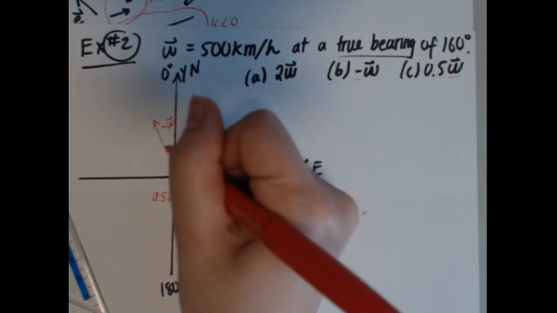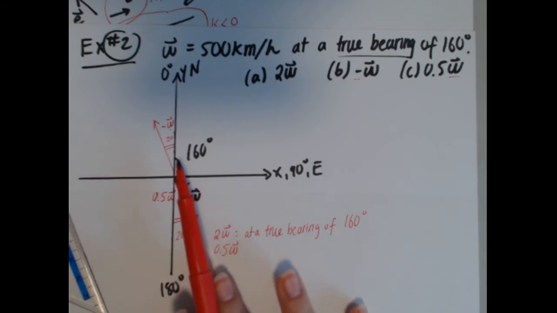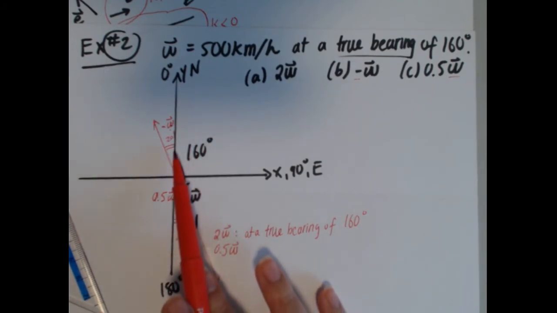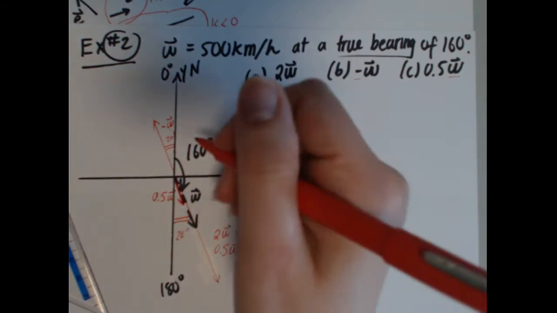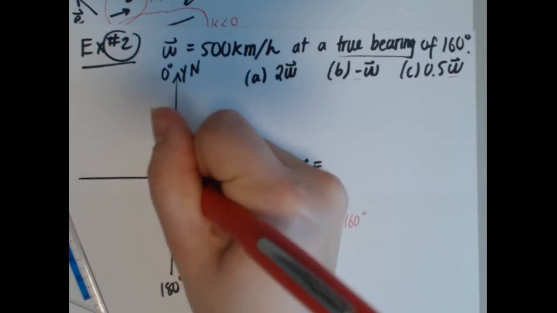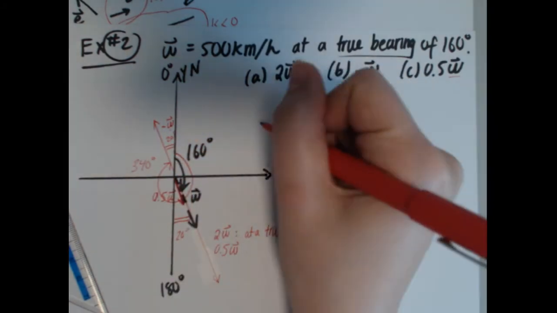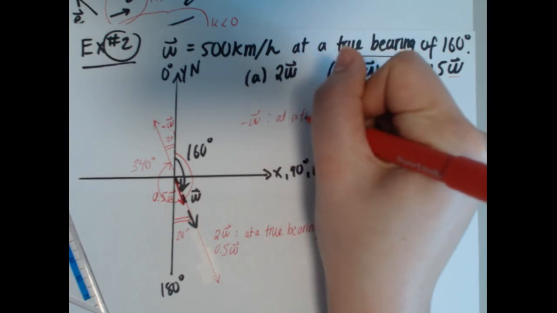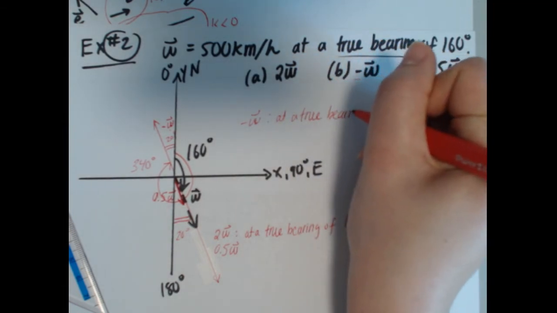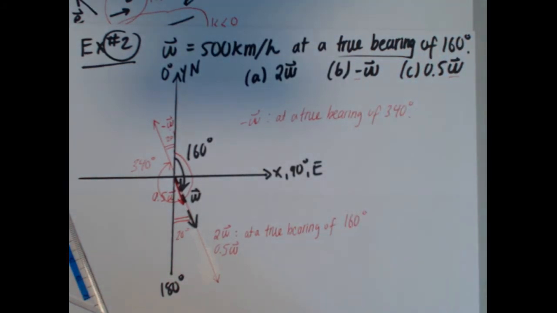And if that's 20 degrees, this is 20 degrees. This angle up here is 20 degrees as well, which means the angle to get from north going clockwise to that terminal arm is 360 minus 20. So that's going to be 340 degrees. So minus W is at a true bearing of 340 degrees. Hopefully that's okay.